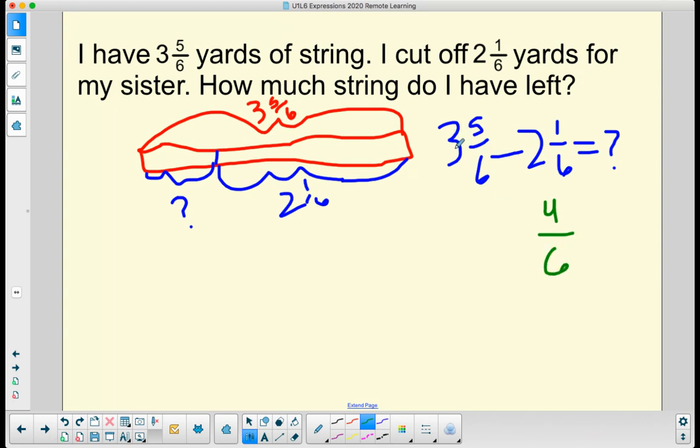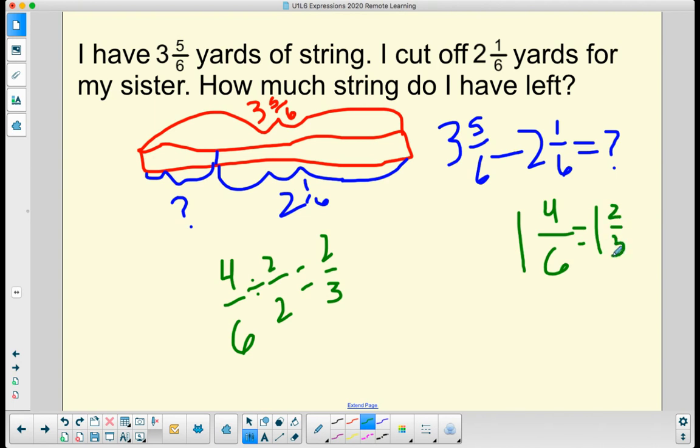Now my whole numbers. 3 subtract 2 is 1. 1 and 4/6. I notice 4 and 6 can both be divided by 2. So I'm going to divide them. To simplify, I divide by 1 in the form of the fraction 2/2. Gives me 2/3. So 4/6 is equal to 2/3. I get 1 and 2/3.